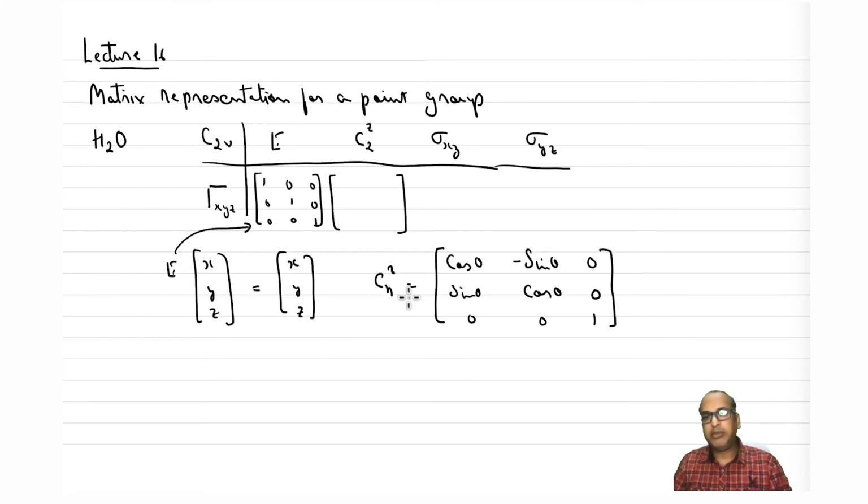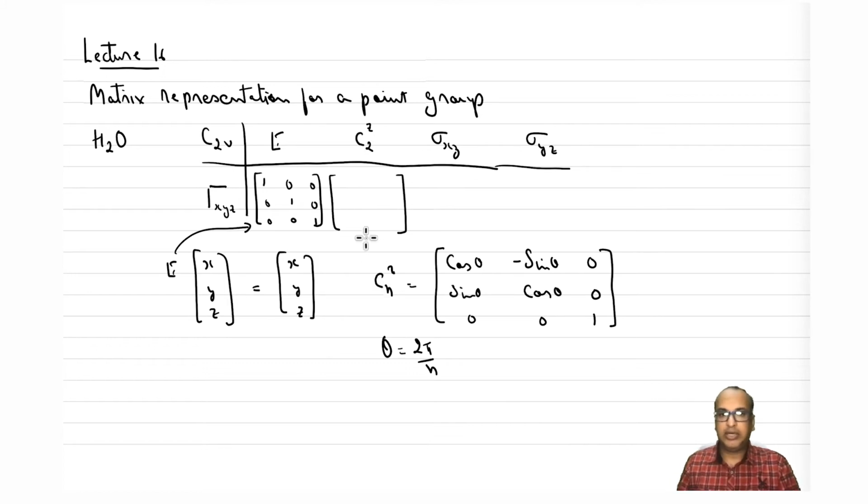So any rotation by 2 pi by n, where theta is equal to 2 pi by n. In this case our theta will be pi, because n will be equal to 2. So 2 pi by 2 will be equal to pi, and we will have these values. This is very easy because our rotation axis is lying along one of the axes, right?